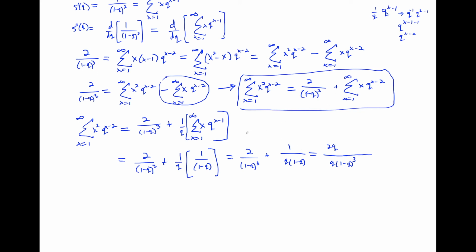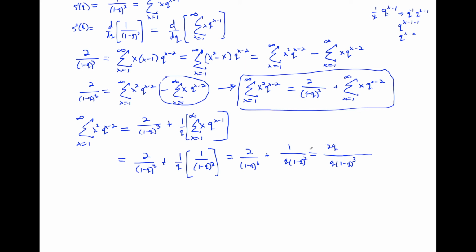Oh, no, you know what? That should be squared. There we go. That should be squared. All right. So we have 2 over 1 minus q cubed plus 1 over q times 1 minus q squared. I had the substitution wrong.